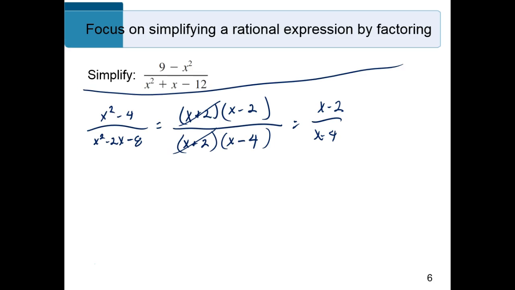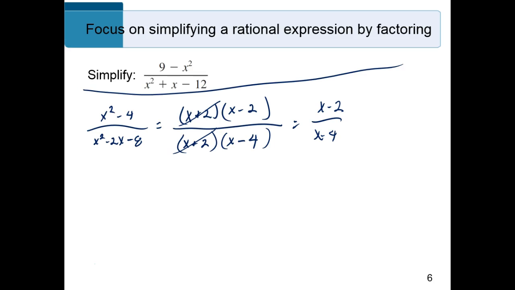You can only divide out things that are multiplied. Here we could divide out the x plus 2 because it was multiplied here, and this was multiplied there. That's why most mathematicians stay away from the word canceling, because it feels like you could just cancel things like crazy. Don't do it.